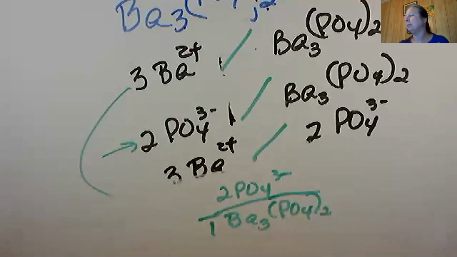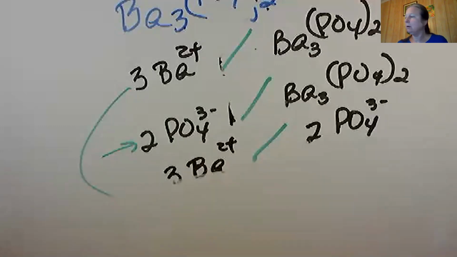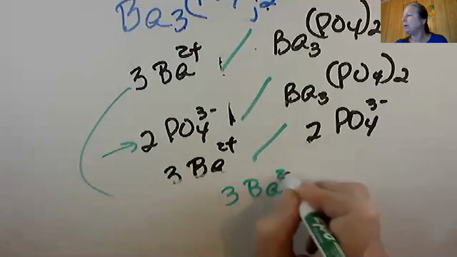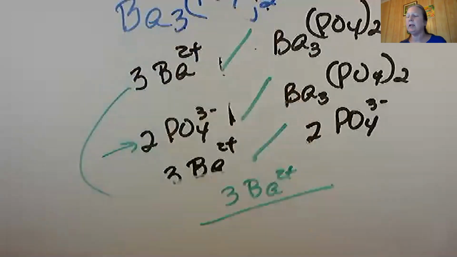And this is per 1 barium phosphate. And this other one, it's the same thing. 3 barium ions. And you're talking about the relationship in this compound. We're not saying in general in the whole wide world. We're saying, given this compound, you can say this about it.